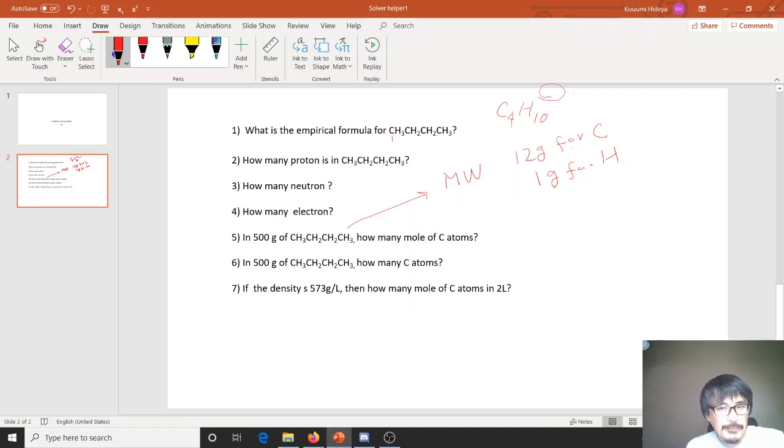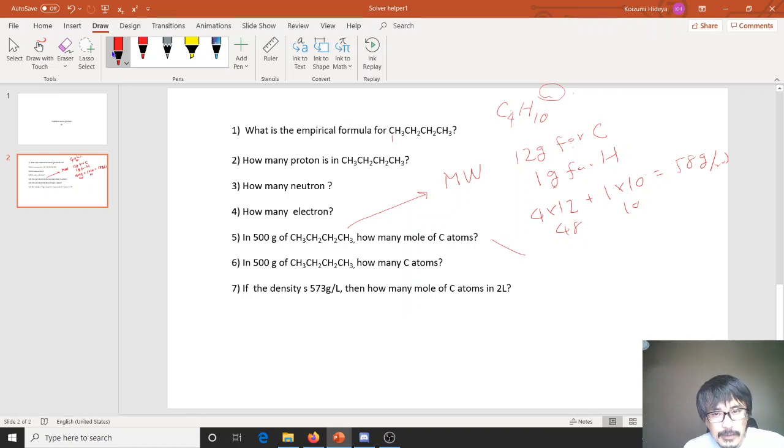So I have 4 times 12 plus 1 times 10. That's the molecular weight, so it's 48 plus 10, 58 grams per mole. Each 1 mole weighs 58 grams, right?